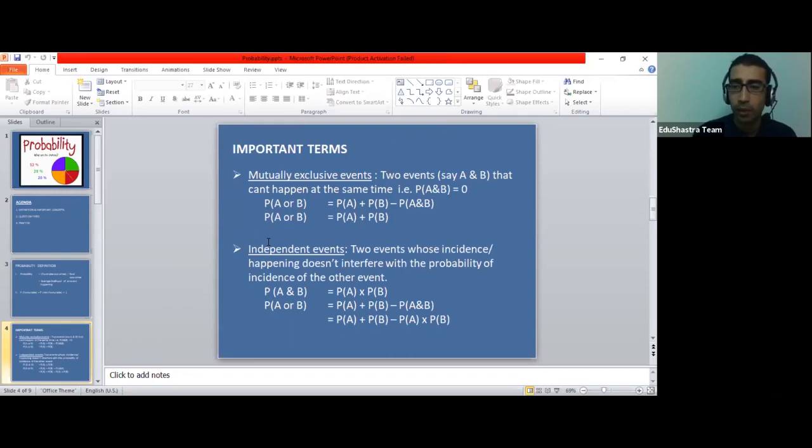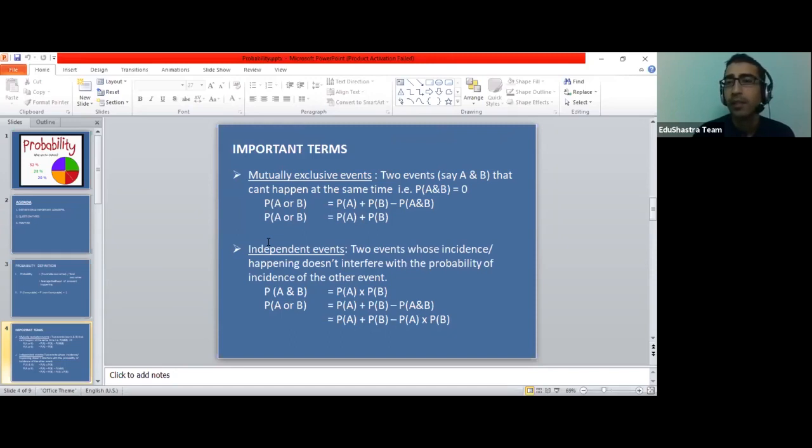Is this clear? If I do something that is going to affect an event later, then the first event and the second event are not independent. In fact, that is a general challenge related to independent events. If there are two sequential events, then there may be a question mark on independence. However, if there are two events that are not at all related to each other in any way, then you will assume the events to be independent.